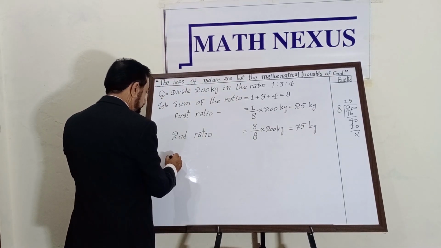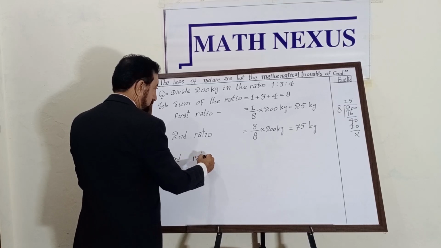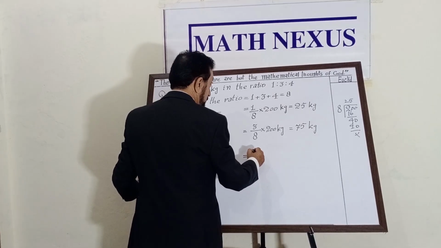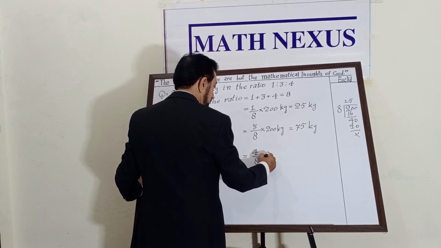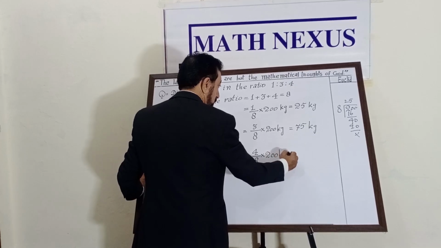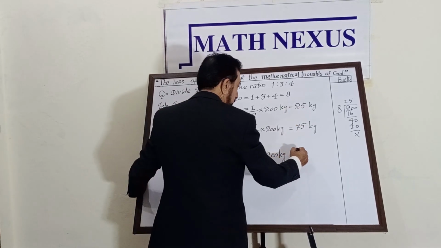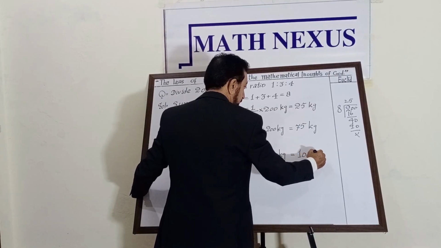Third ratio is equal to 4 upon 8 into 200 kg equal to 25 into 4 equal to 100 kg.